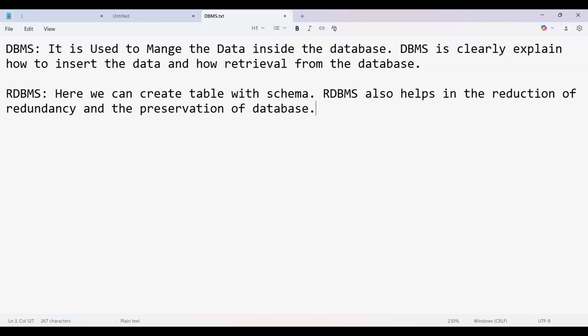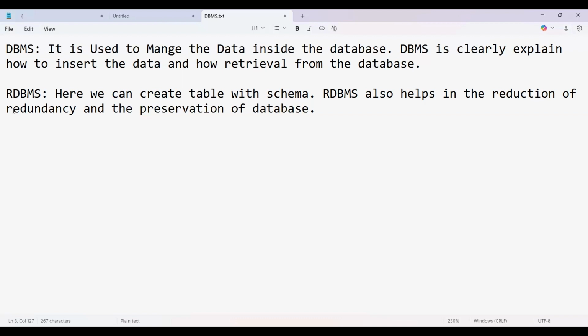So we'll see some differences between DBMS and RDBMS. These are basic concepts in any SQL. If you want to learn MS SQL Server, MySQL or Oracle PL/SQL, these basic concepts are common.